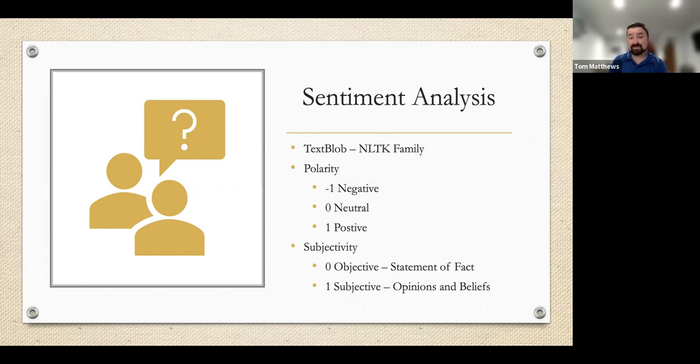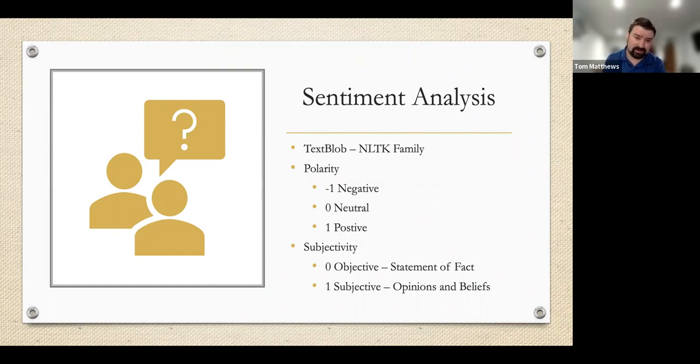For sentiment analysis within the poems, I got to explore that analytic family, the Natural Language Toolkit. I decided to use TextBlob, just because it is really simple to use, and it gives you two metrics that are telling for what your data looks like.